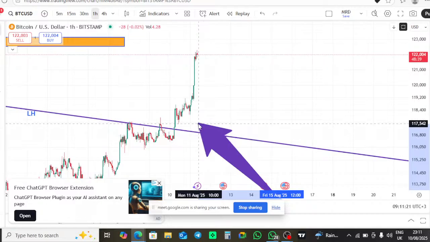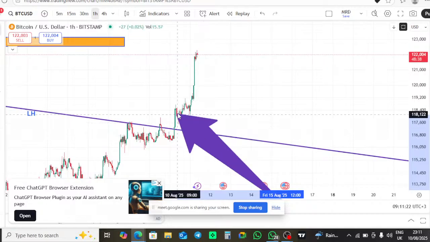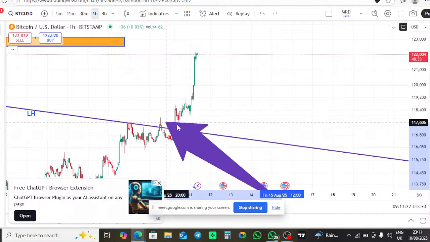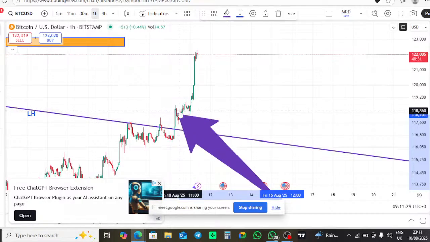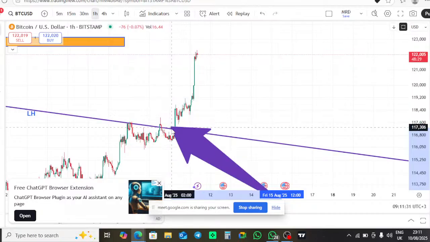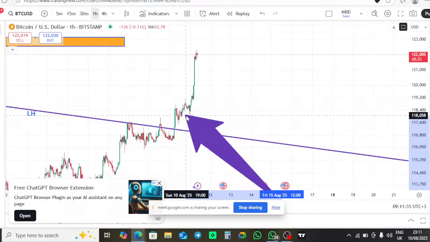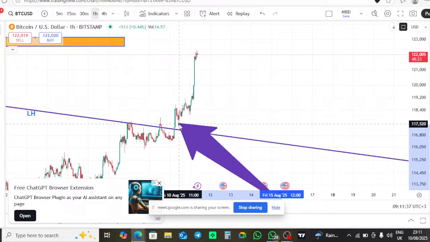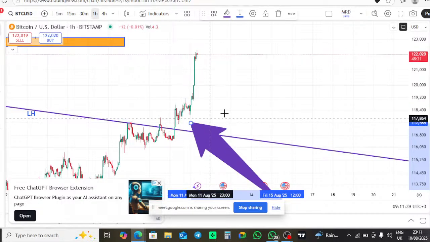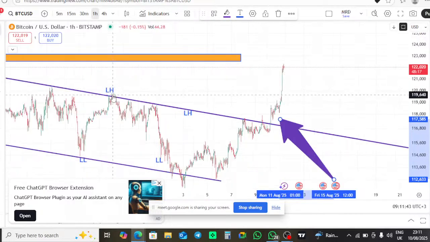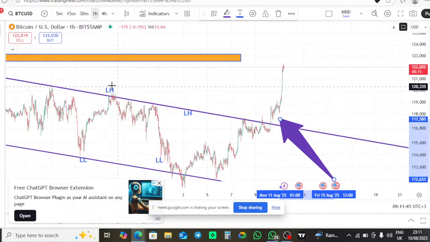But what you need to keep in mind is, as long as we close above this line, whether we come back and test or not, the market will simply hit the next level. And at this time, the next level is here. Are we looking at this point?